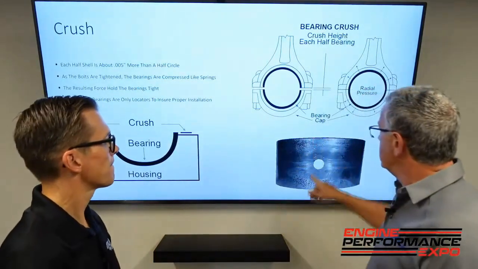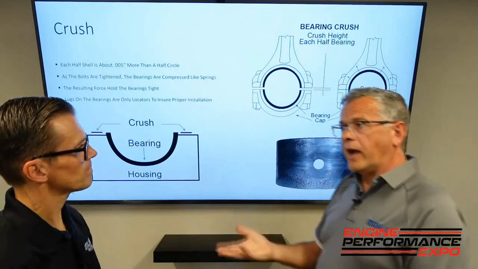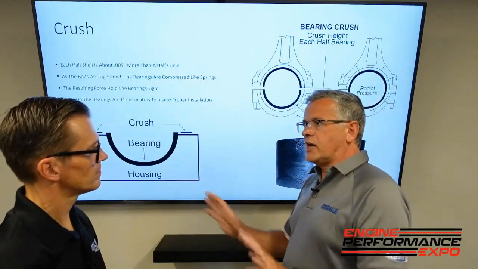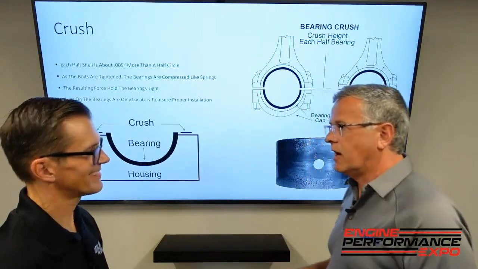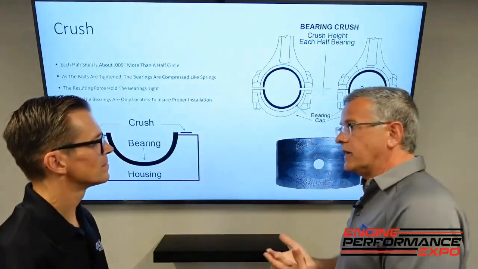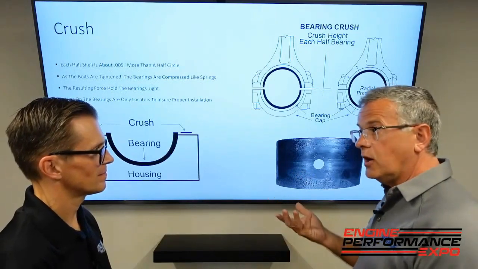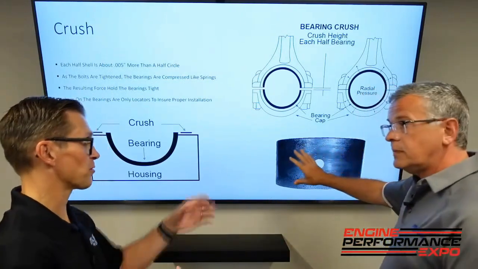On the flip side, I hate when people change housing bores to fit oil clearance, because you're affecting the crush. They tighten it up to reduce oil clearance. On the same token, they can open it up and open up clearance, but you're reducing crush.